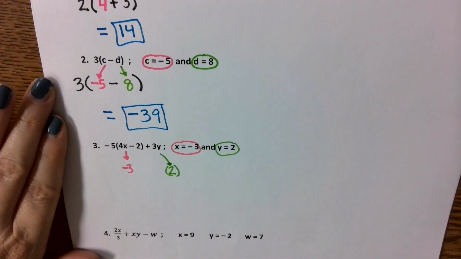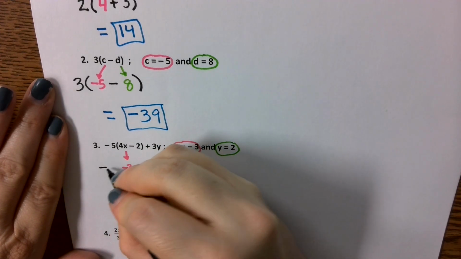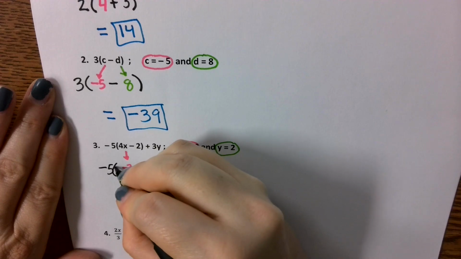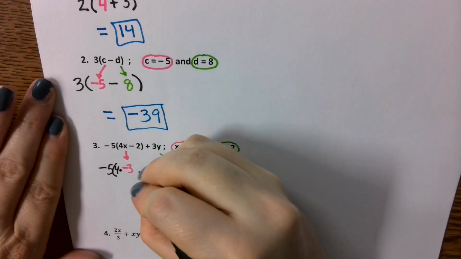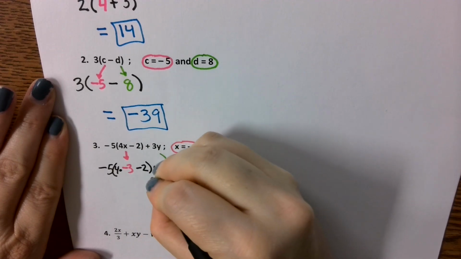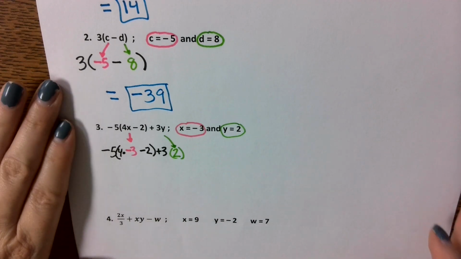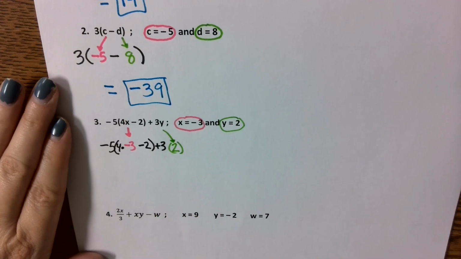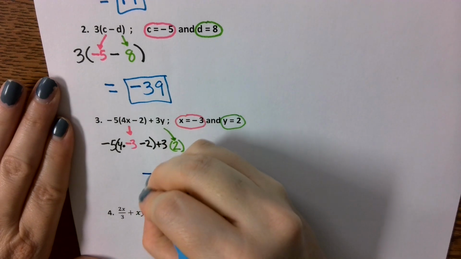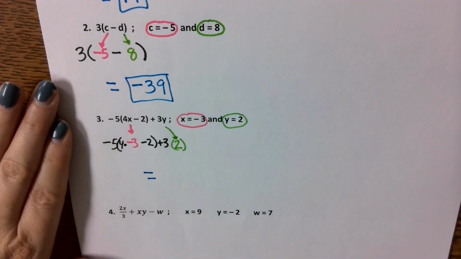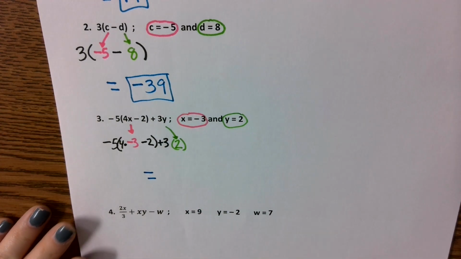Okay, so everything else is going to stay the same. So we have negative 5 times 4 times negative 3 minus the 2 plus 3 times that 2. Okay, so there's a lot going on there. When you work it out, though, again, if you type it exactly as you see it into your calculator, what are you going to get?